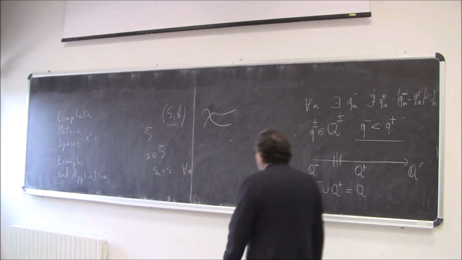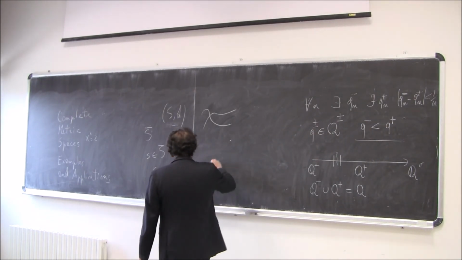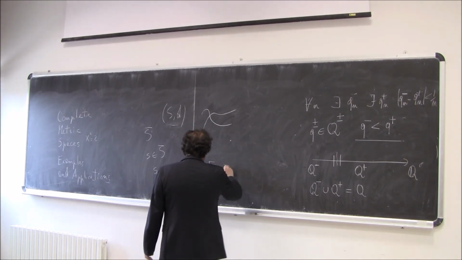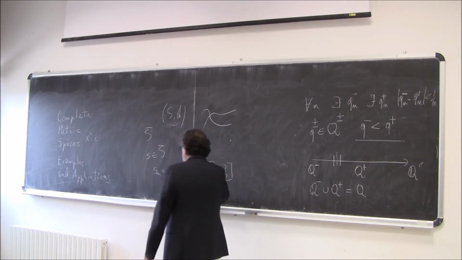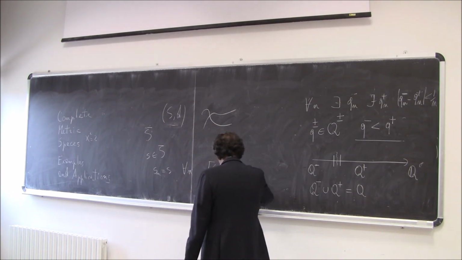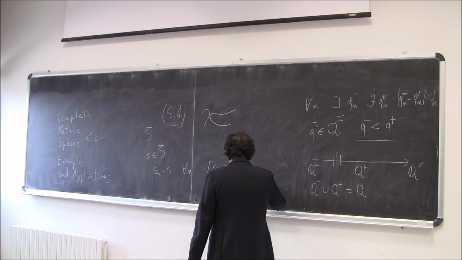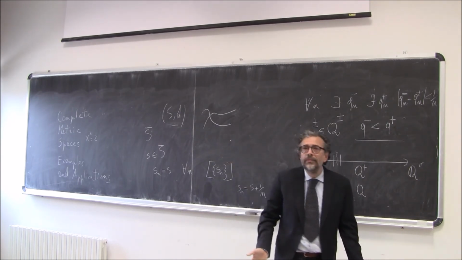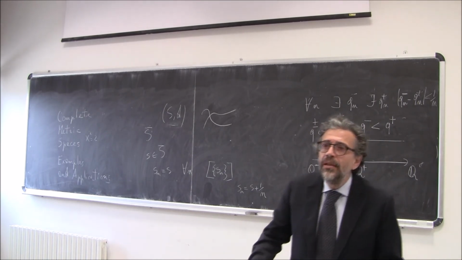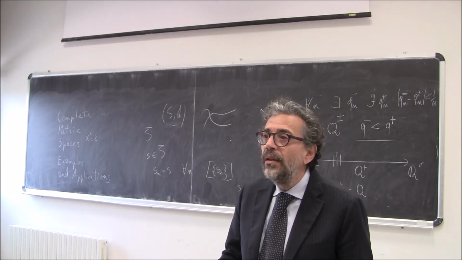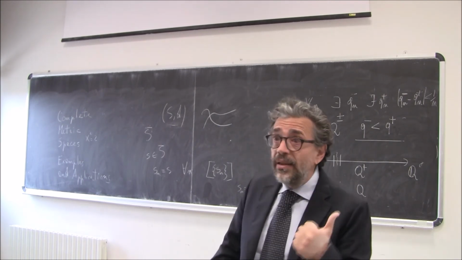Then I take the class of equivalence of this Sn. Because, my dear friend, I can also write Sn equal S plus 1 over n. This is another Cauchy sequence of elements of S, and this is equivalent to the other one.